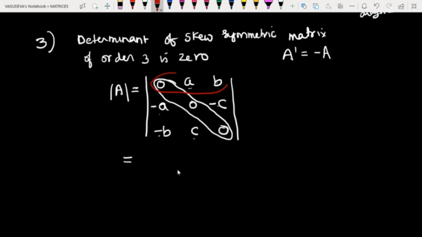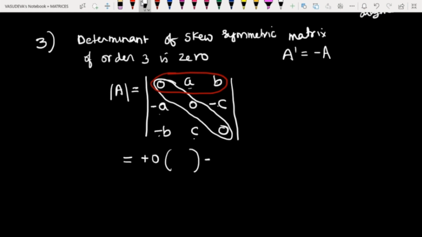we have 0 plus 0 plus 0. No need to write the expression after 0 because every term is 0 when you multiply.